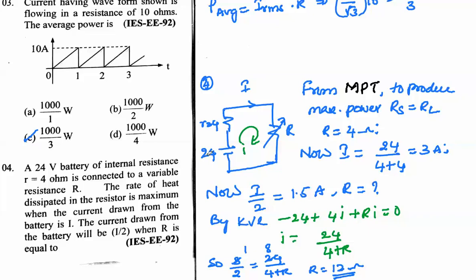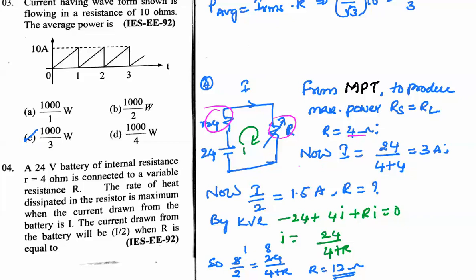So here we have a 24 volt battery with internal resistance 4 ohms, connected to a variable resistance R. From the maximum power transfer theorem, to produce maximum power, RS should be equal to RL. That means the source resistance should be equal to the load resistance, so R is going to be 4 ohms here.